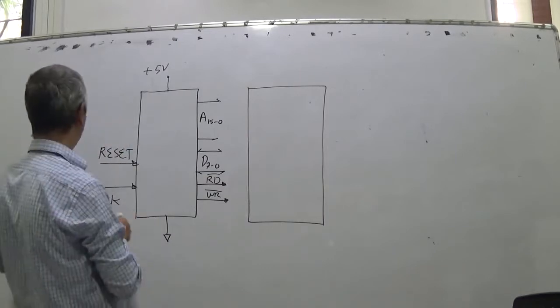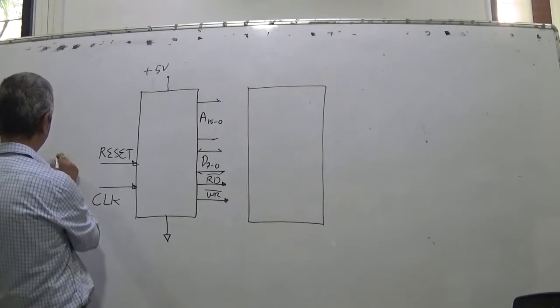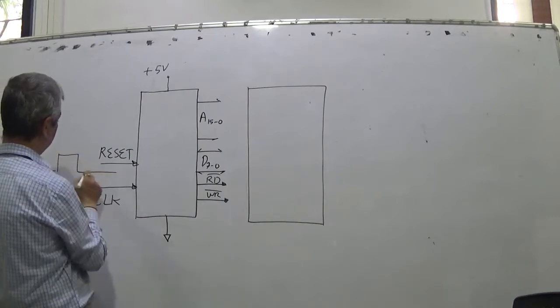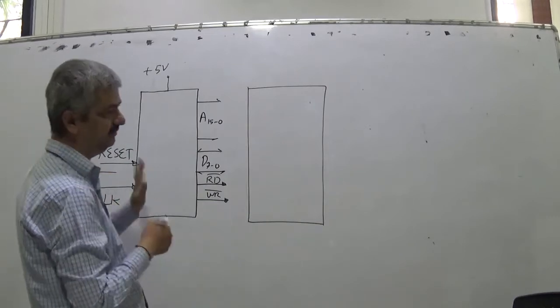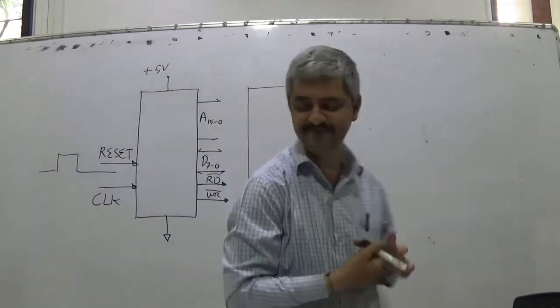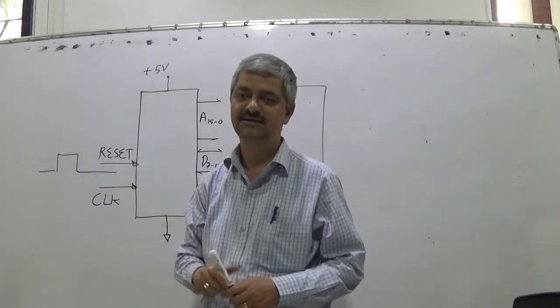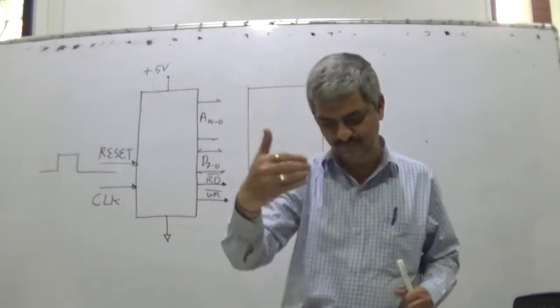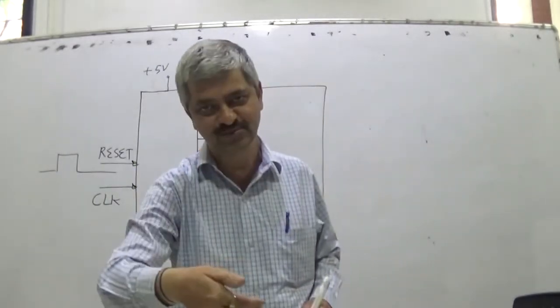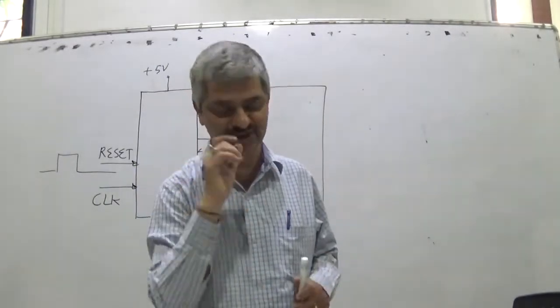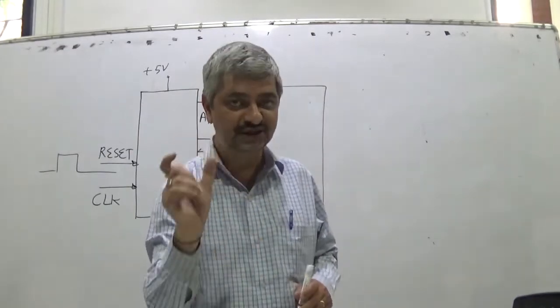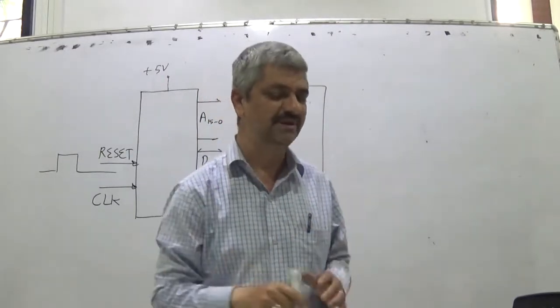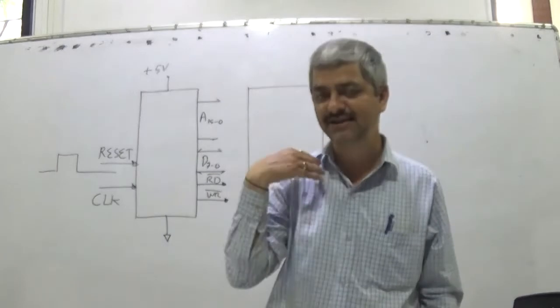Once we reset it, the CPU starts functioning. The clock is there; from one falling edge of the clock to the next falling edge is 1 clock cycle. In 3 clock cycles, one operation is completed by the microprocessor, and that operation is either reading or writing.